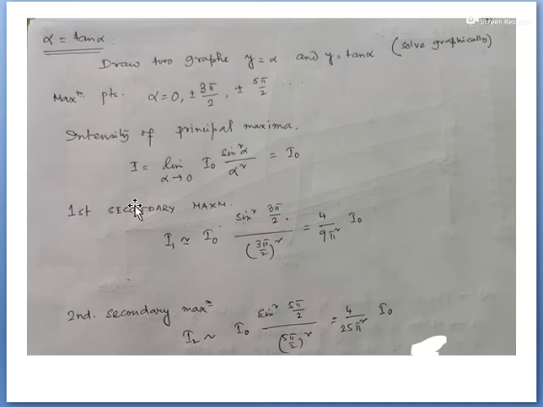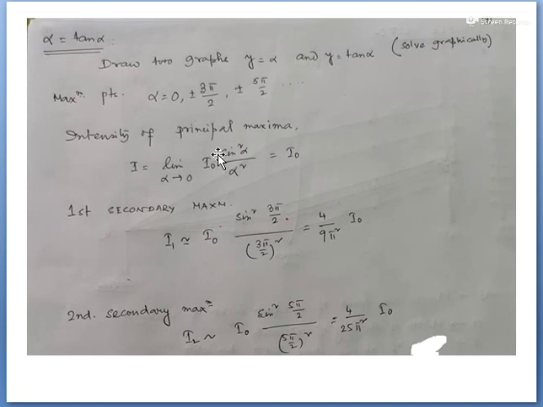The maxima points, where these two curves intersect each other, will be alpha equal to 0, alpha equal to plus minus 3 pi by 2, alpha equal to plus minus 5 pi by 2. These points give the condition of maxima. Alpha equal to 0 is the principal maxima, the central maxima, alpha equal to 3 pi by 2 is the first secondary maxima, and alpha equal to 5 pi by 2 the second secondary maxima.